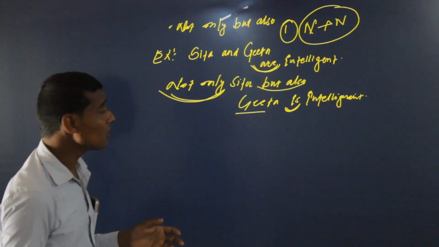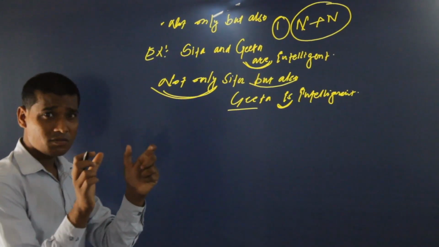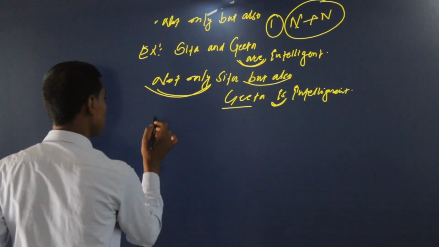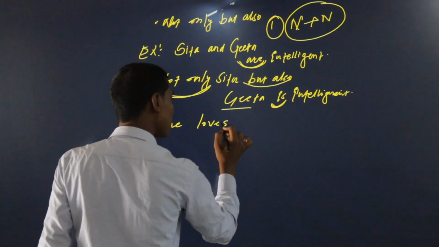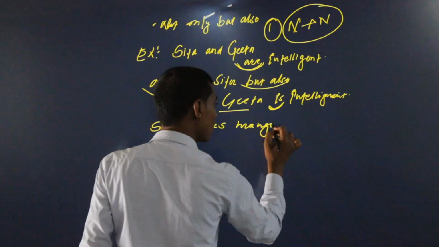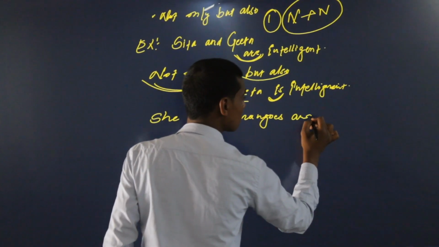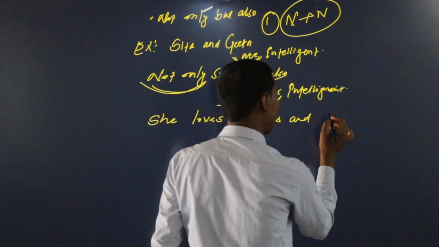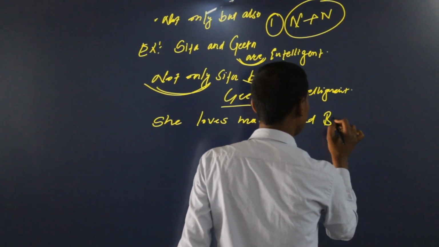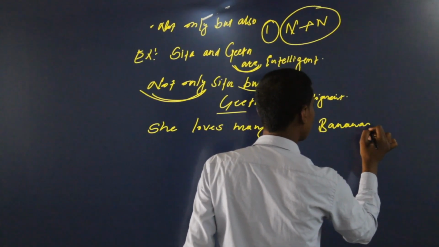Let's take another example showing some objects. For example, she loves mangoes and bananas.